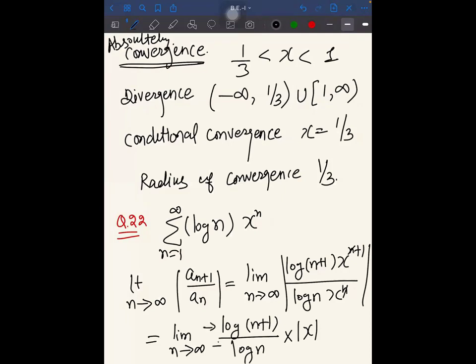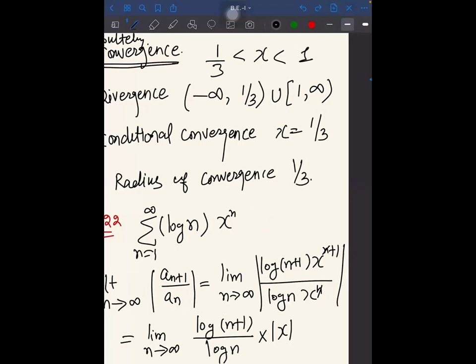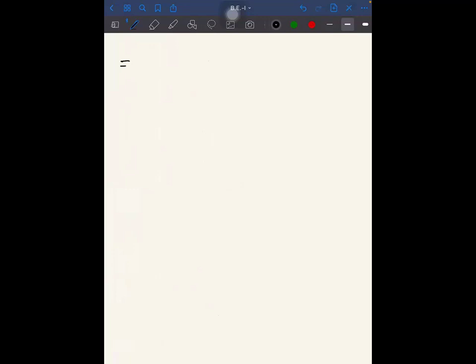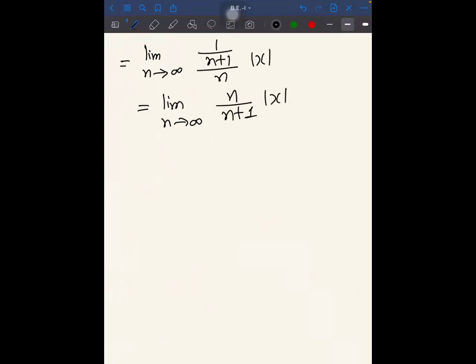Now this is your infinity by infinity form, so we can apply L'Hôpital. That is limit of 1 upon n plus 1 upon 1 upon n into mod x, so limit of n upon n plus 1 mod x. This thing will become 1, so that is mod x.